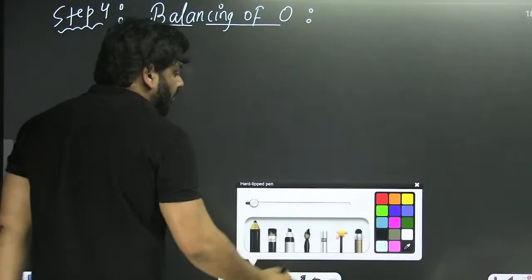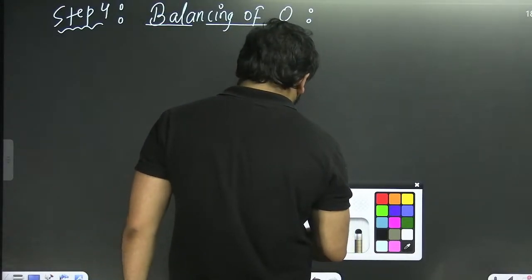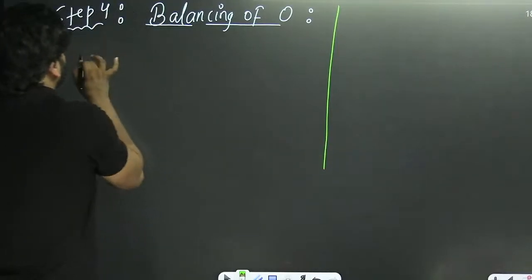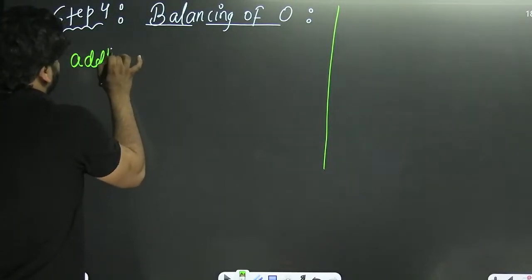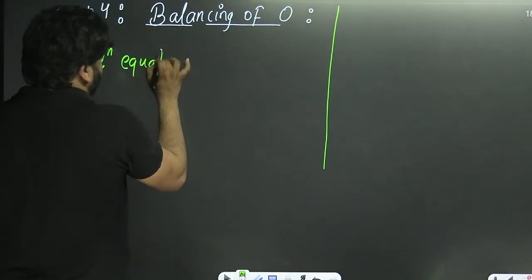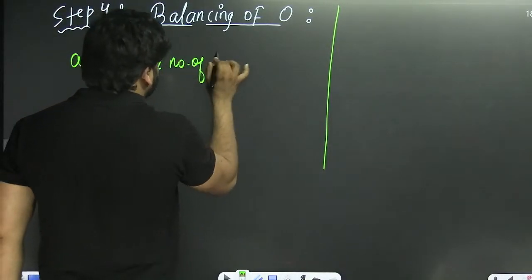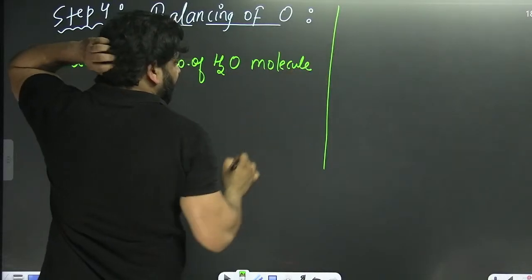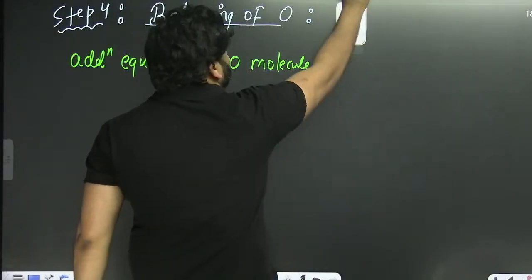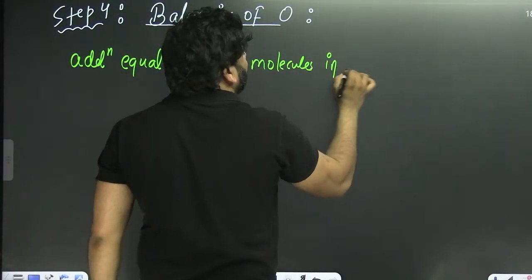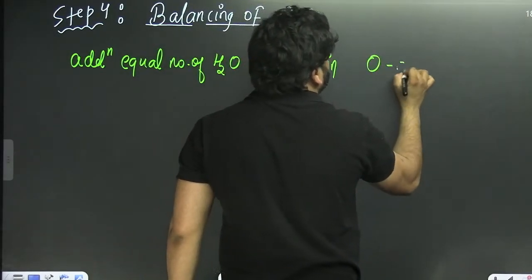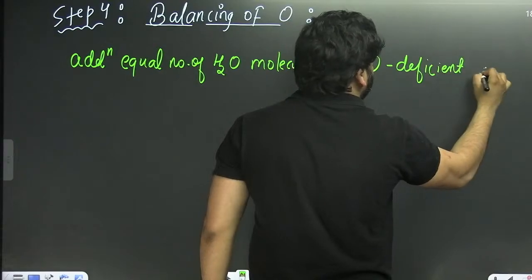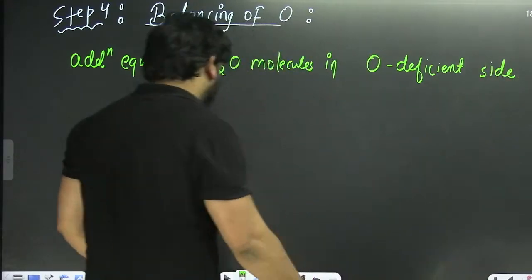By adding an equal number of H2O molecules, because as many oxygen are missing, add H2O molecules in the oxygen deficient side.